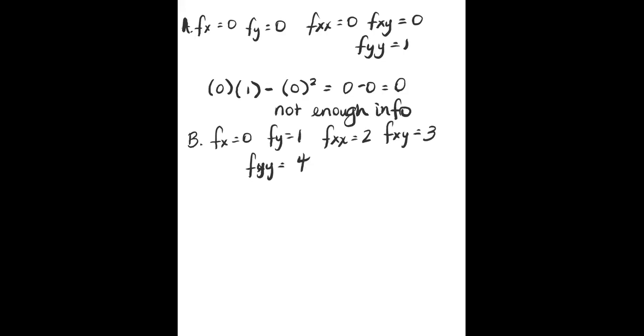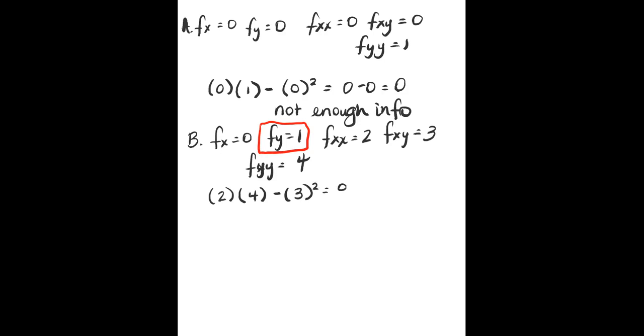Okay. One thing I want to point out that I like to do right away is that if this equals 1, automatically you can tell me that it's not a critical point. But I still can classify the discriminant. So I still can go 2 times 4 minus 3 squared.